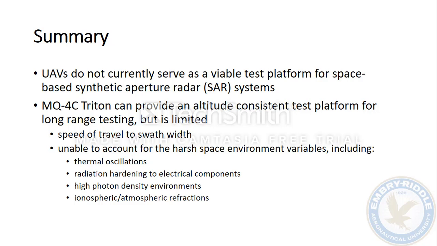That's just one example of these high-energy protons or photons hitting your spacecraft and presenting a lot of issues. And some of the ionospheric and atmospheric refractions are also unable to be accounted for at that AM1, or atmosphere 1, type terrestrial UAS.